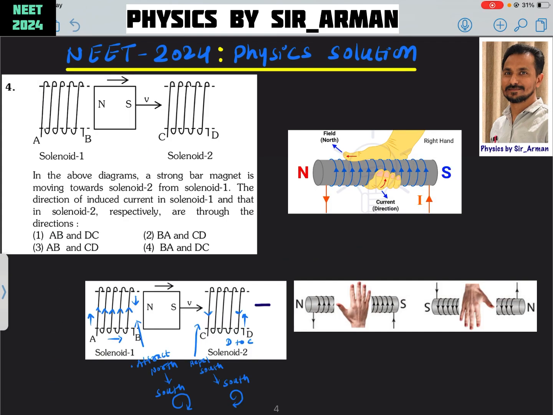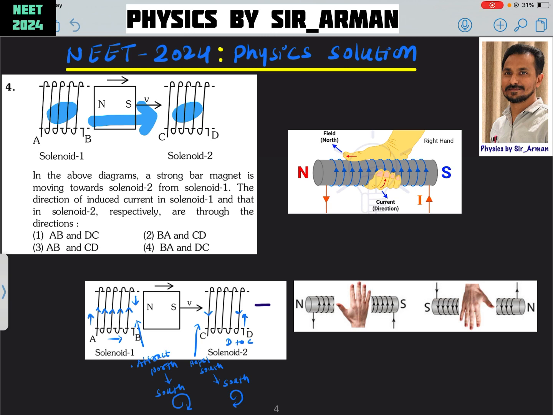Question number 4. In the above diagram, a strong bar magnet is moving towards solenoid 2 from solenoid 1. What are the directions of the induced current in solenoid 1 and in solenoid 2 respectively? Here you can see we have two solenoids. This is solenoid 1, this is solenoid 2, and a bar magnet is moving from solenoid 1 to solenoid 2.